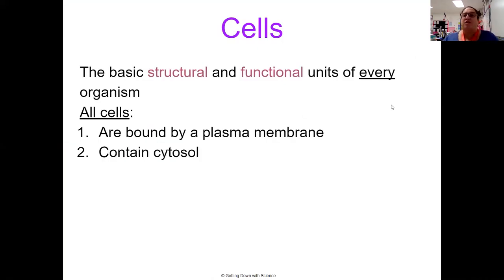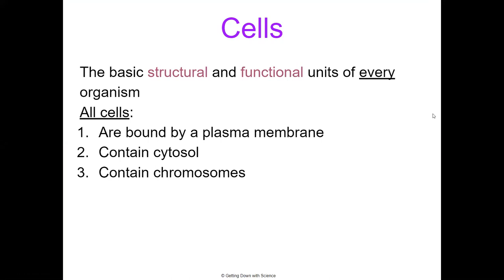They all have to have cytosol, which is also the cytoplasm, same thing. They all must have chromosomes, that genetic information that tells them what to do. And they all must contain ribosomes because that's how we build proteins. Can't make proteins without ribosomes.